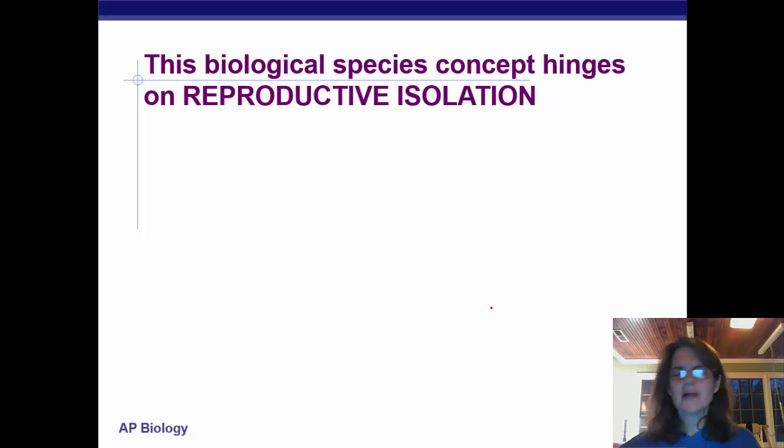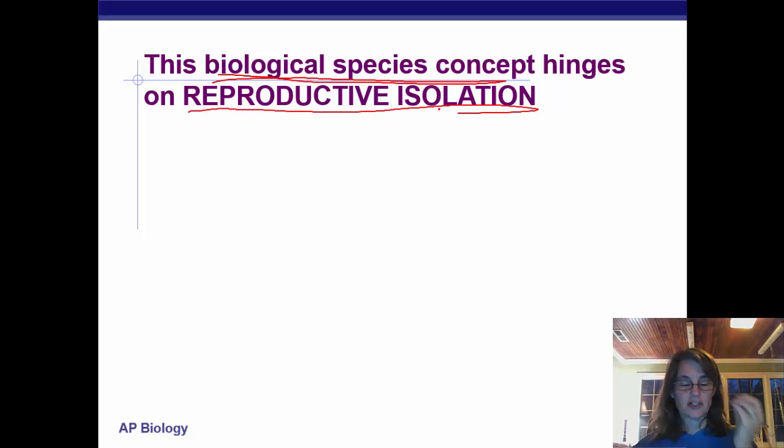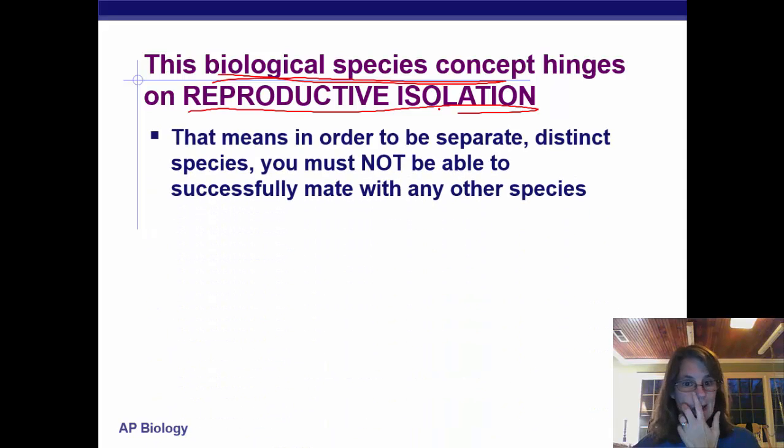This biological species concept, this particular definition of a species, hinges on organisms only being able to breed within their species and not being able to crossbreed into other species. They are, in this sense, reproductively isolated from other species. Reproductive isolation is a huge key. You need to understand that.